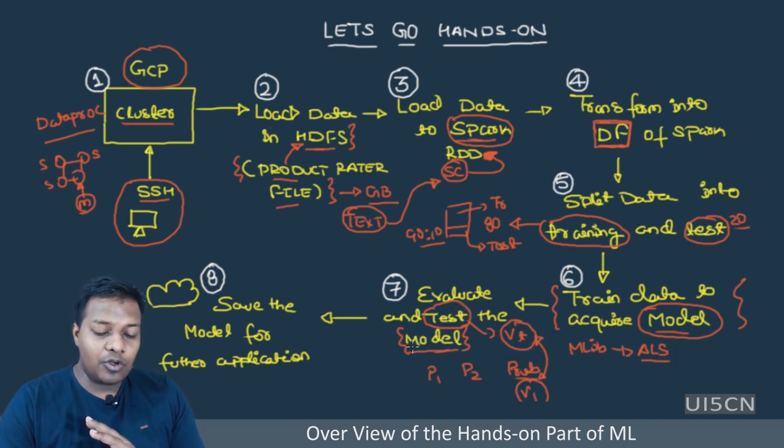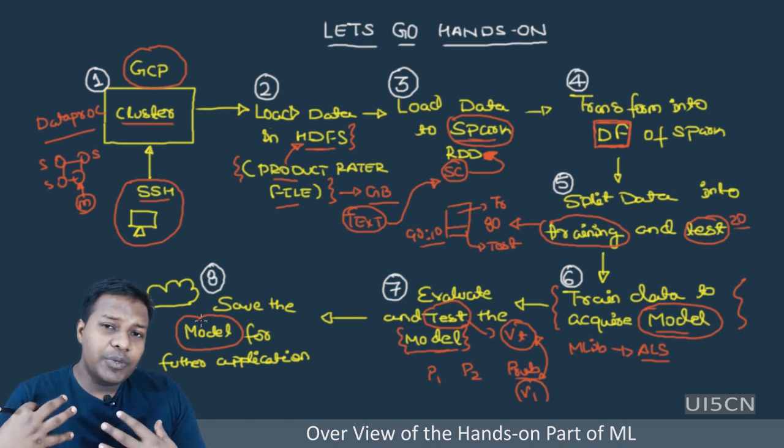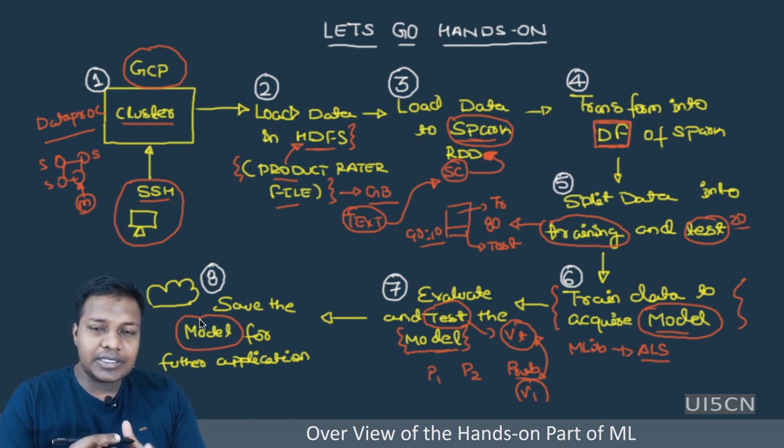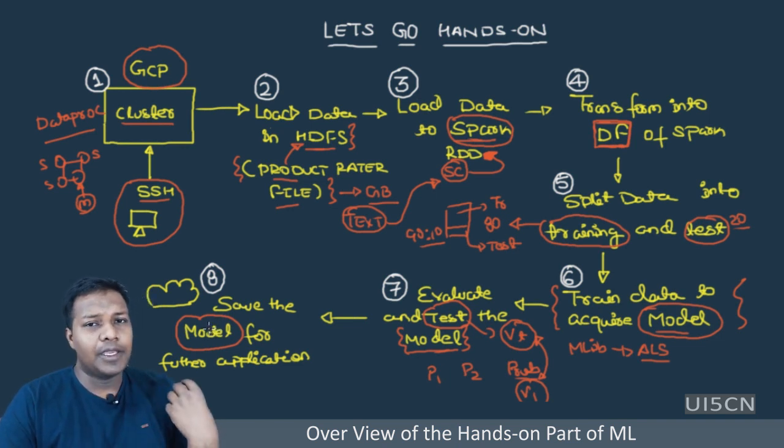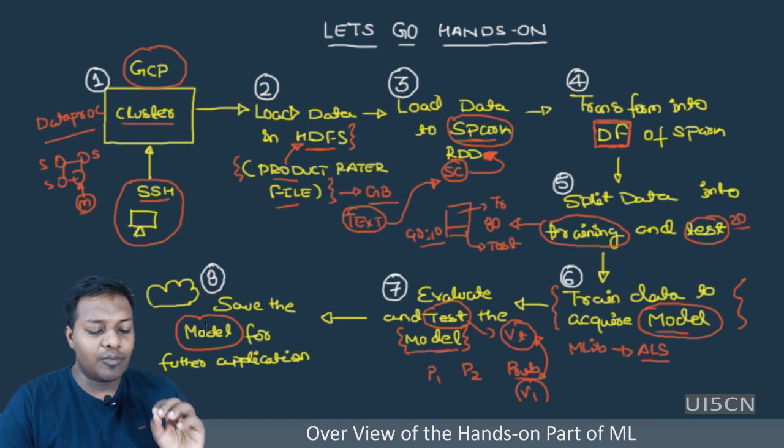Once we have got the model, we will save it, because this model is what we will be using in future. This is the output of the machine learning. We will refer to this model anytime a query comes, to see the probability of two products being co-products, and this model has already been trained.